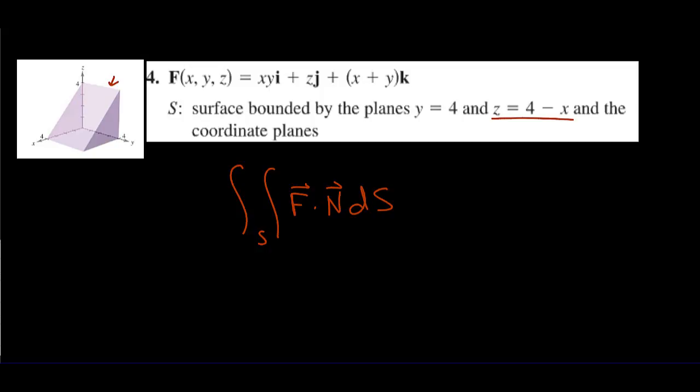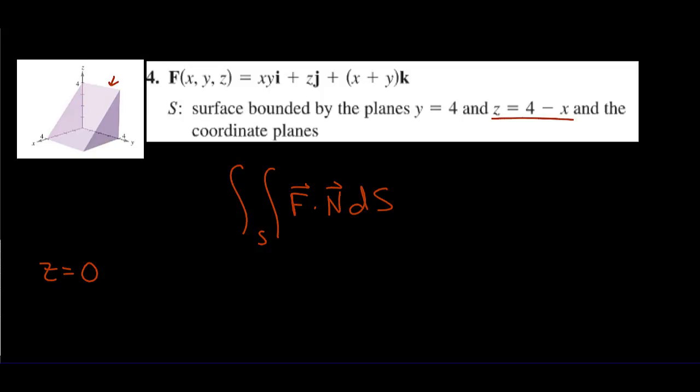So here's what we might want to do. We might want to start by saying, okay, let's consider the surface here on the bottom, on the xy plane. In other words, let's consider the surface where z is equal to 0. Now, if z is equal to 0, and we want the normal vector that's going away from that surface, we don't have to think much about that.